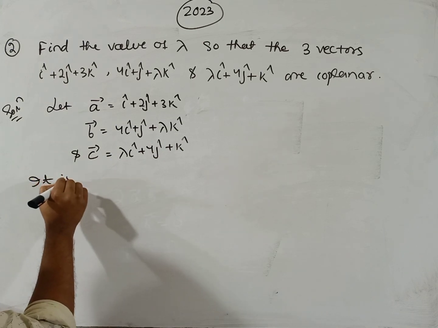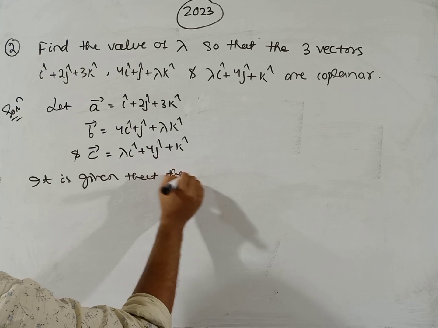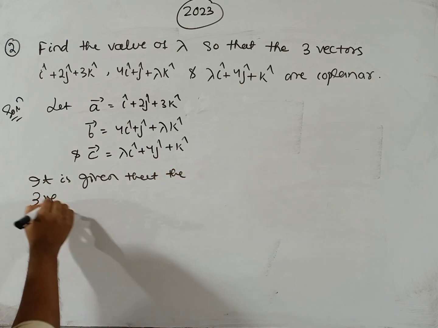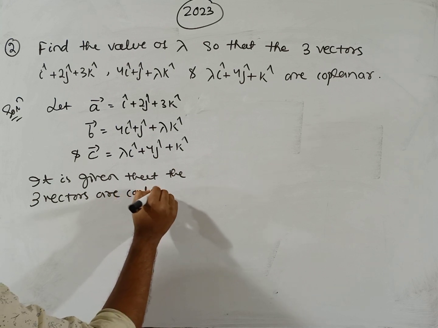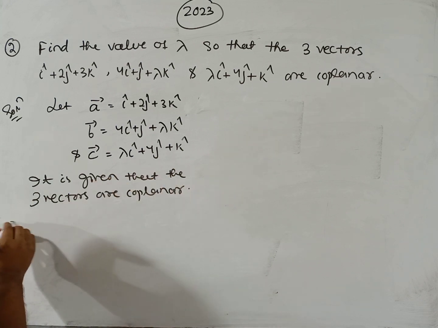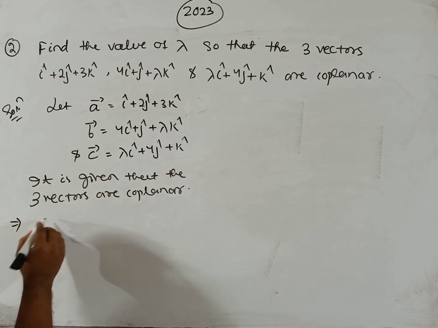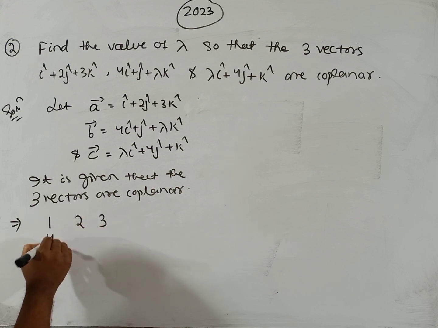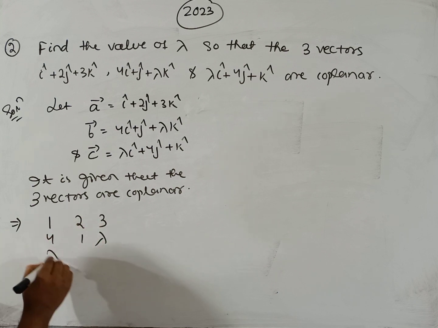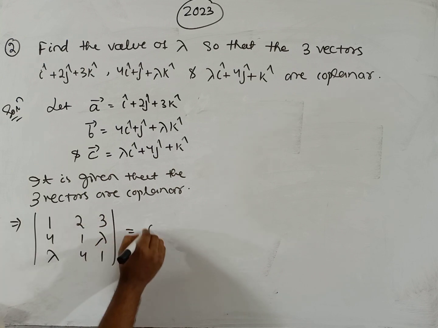It is given that the three vectors are coplanar. So we have to use the property of coplanar, that is the determinant with rows 1, 2, 3; 4, 1, lambda; lambda, 4, 1 is equal to 0.